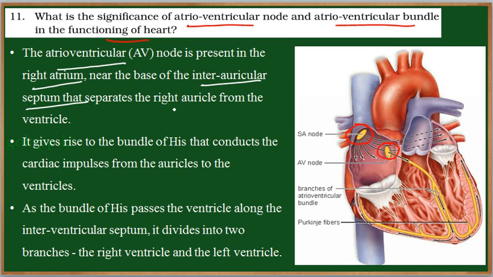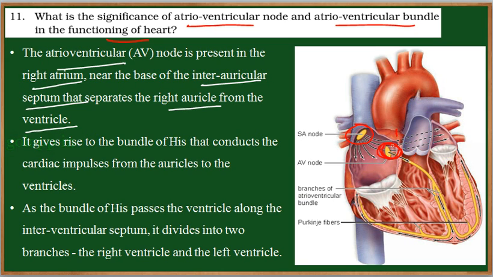If you see in the image, this is the location of the AV node. The septum which separates the auricles is called the interauricular septum, and towards the base, where the auricles and ventricles get separated, because of that region it is called the atrioventricular node.